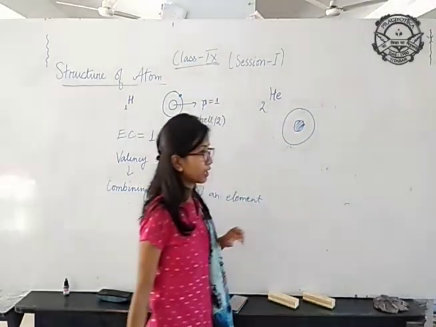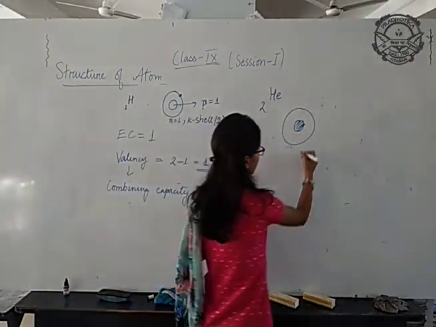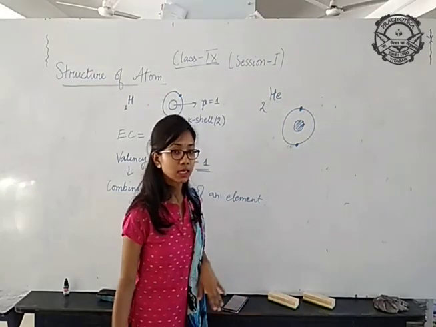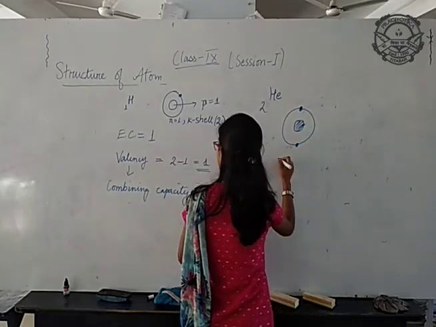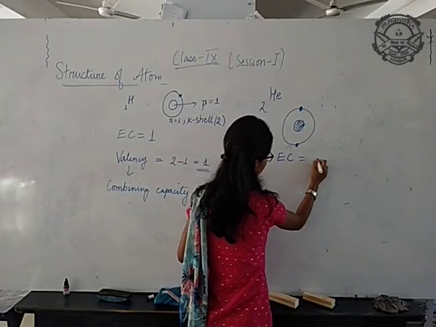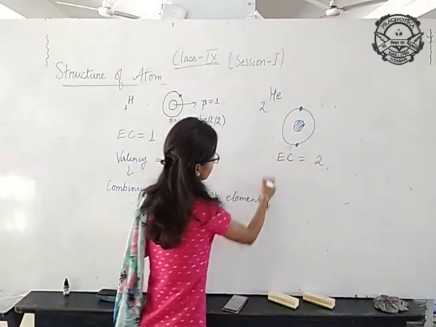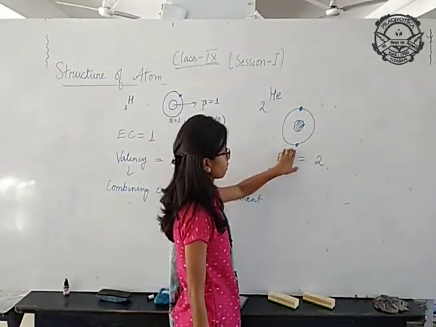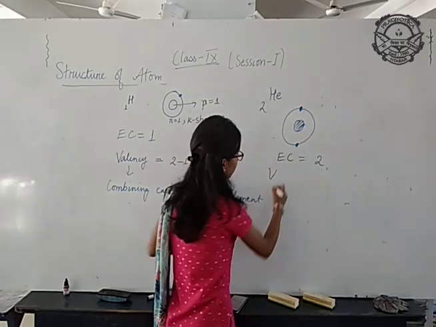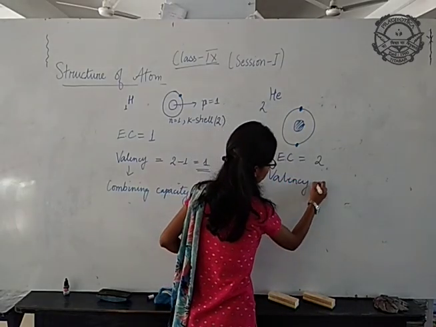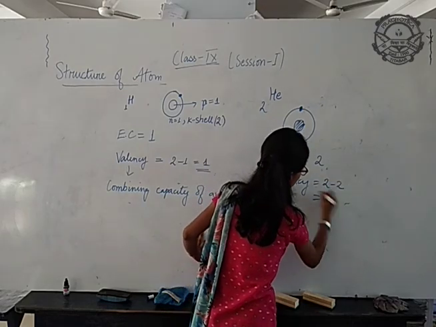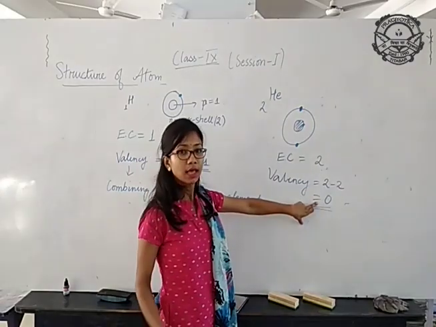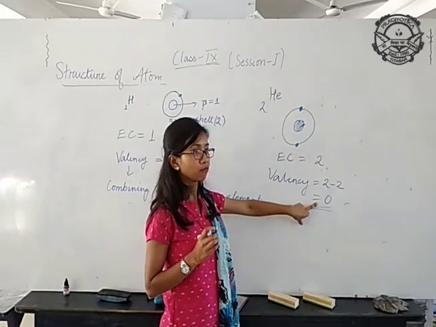Since only 2 electrons are present, and we know that in the K shell the maximum capacity is 2, the 2 electrons will be present in the K shell, and the electronic configuration EC will be equal to 2. Since 2 electrons are present and the maximum capacity of this shell is 2, the valency will be 2 minus 2, that is equal to 0.